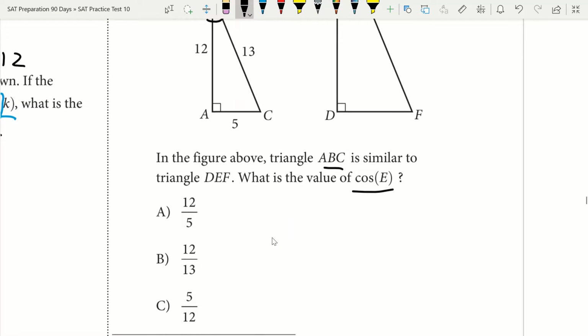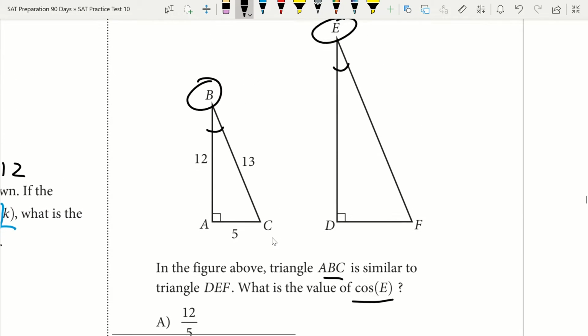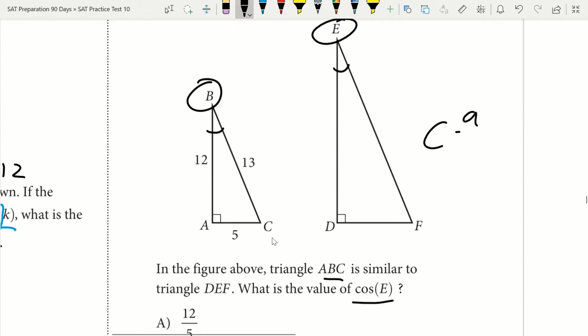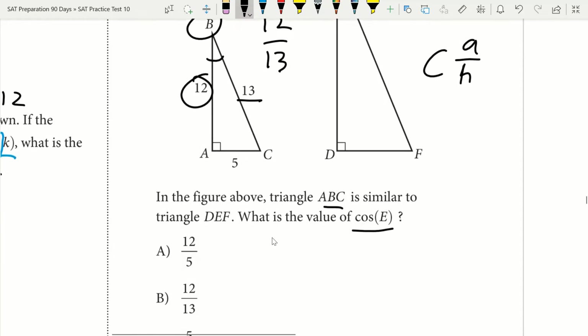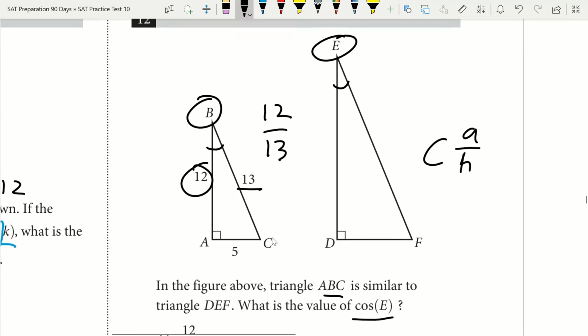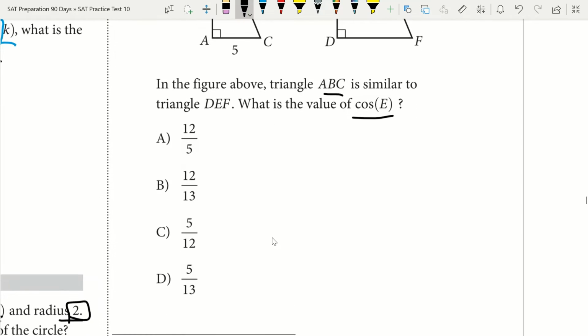If we use our SOHCAHTOA, we know that the cosine is our adjacent over our hypotenuse. We see at angle B, our adjacent is 12 and our hypotenuse is 13. Thus, our cosine of E is going to be 12 over 13, the same as cosine B since they're similar triangles. So our correct answer there is going to be B for that one.